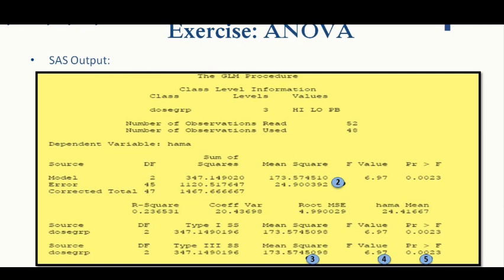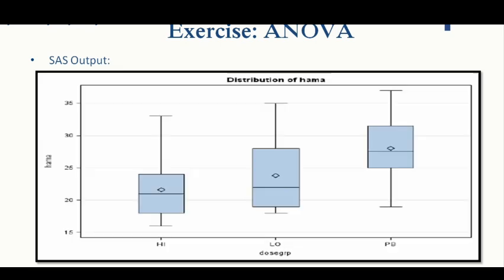The same has been printed here so that you will have it in your notes. This is giving you the box plot, so an idea about the variation in the three groups. Here this is the high dose group. I have explained the different ranges. The range for high was quite small. This is the minimum, this is the maximum, this is the median value, this is the value of the mean.